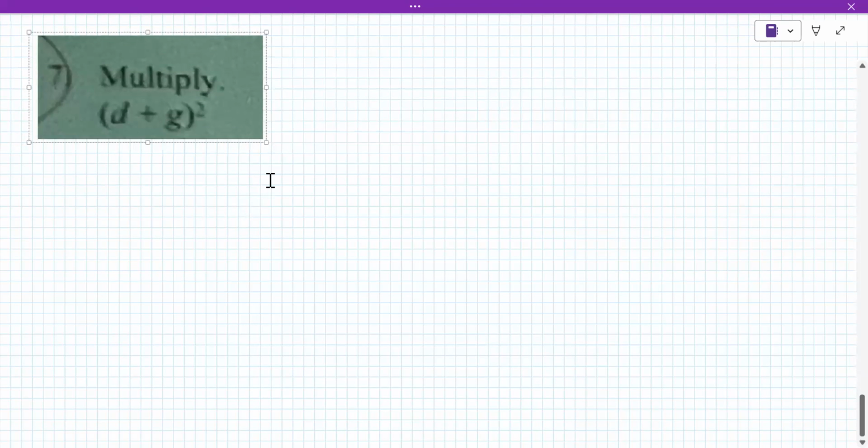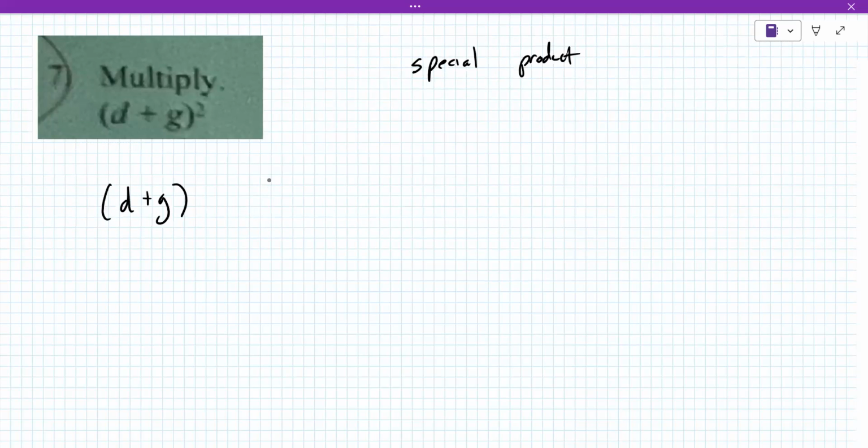Multiply d plus g to the power of 2. This is a special product, but if you don't remember the special product formula, you have to write it as a product of two binomials. Two binomials multiplied together. Okay, so now it's a FOIL problem.